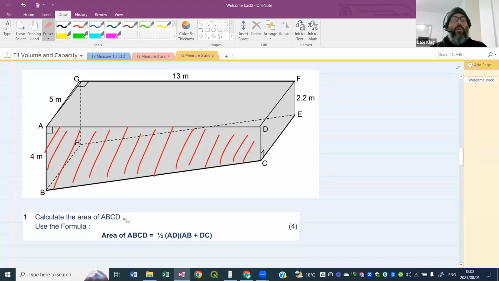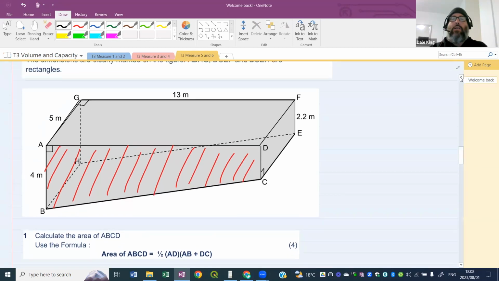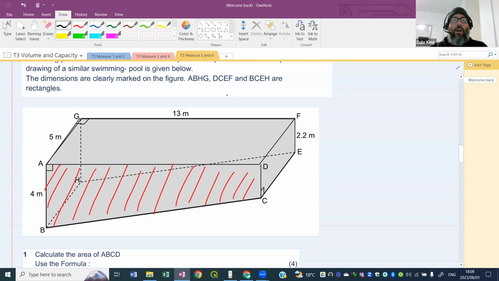Okay, they want you to work out the area of this. They give you a formula like they always do. So Tando, let me quickly show you. So the question over here says DCEF is a rectangle, which means that this one here is a rectangle.